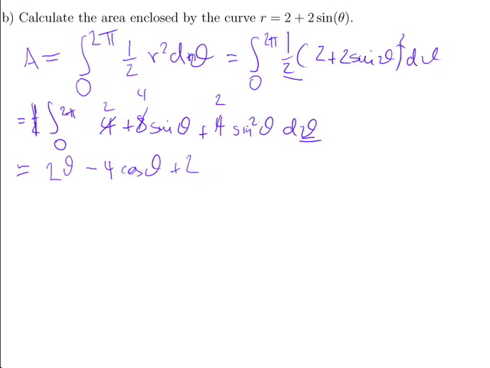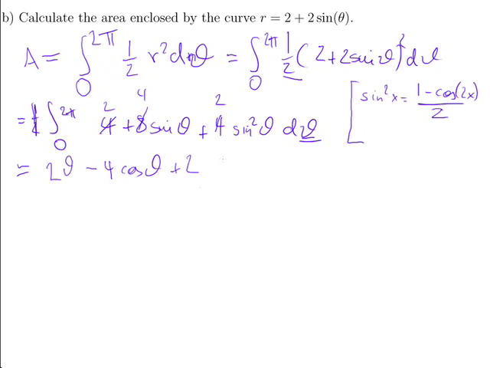Now, we probably don't remember the antiderivative of sine squared, but what we can do is look up the double angle formula from the front of the exam. This told us that sin² x is equal to (1 minus cos 2x) divided by 2.